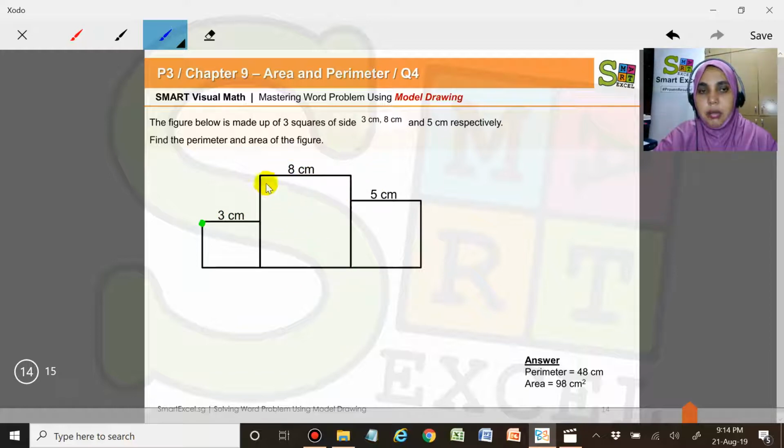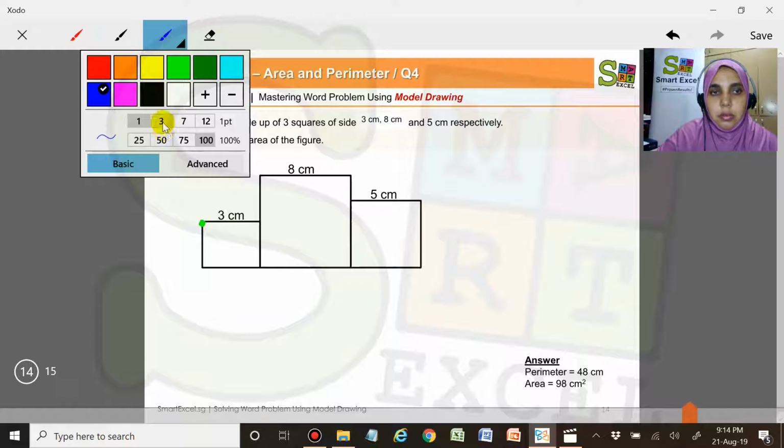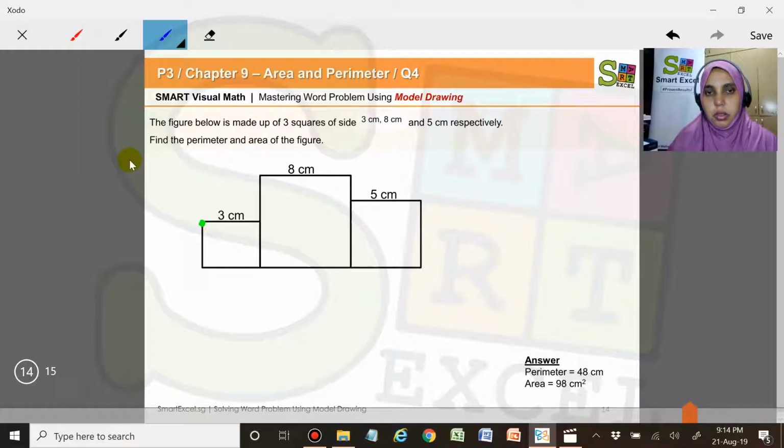If this is 8, meaning this whole thing here is 8, therefore when we take 8, this is 5, this is also 5, so this part here, this is 3 cm.